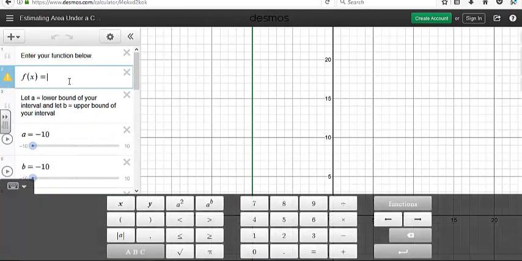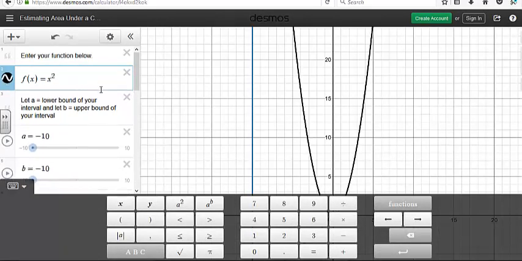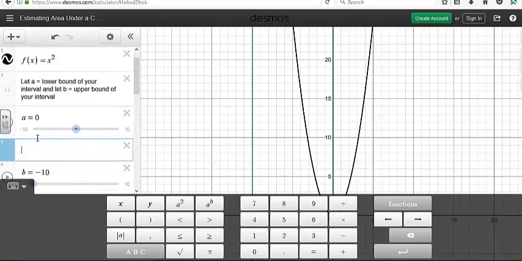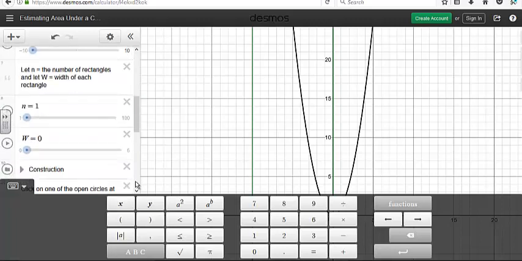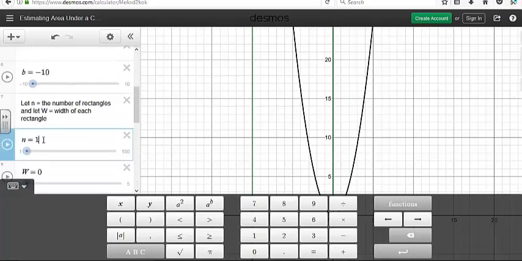Enter your function. Okay, let's try that. Y equals x squared. Okay. We're going to go from 0 to 10. Let n be the number of rectangles.